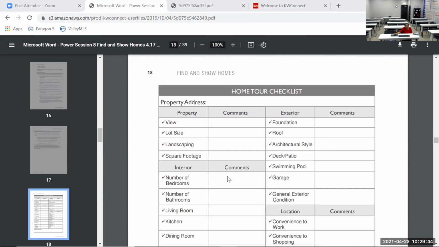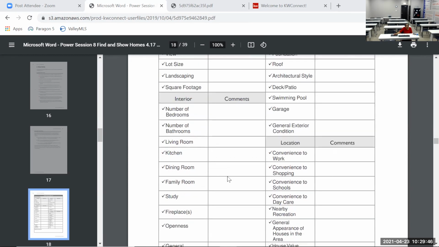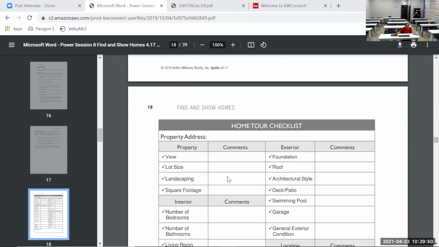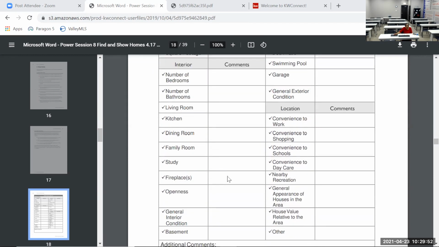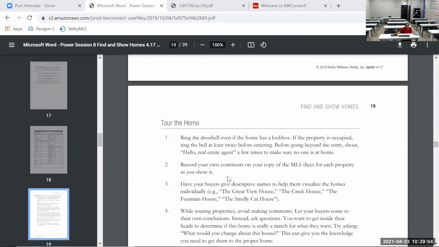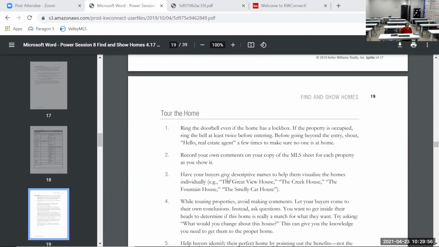You can create your own if this one doesn't look usable to you, but you do want to have some type of checklist or some way for them to keep track of each home and what they liked and didn't like about each home. Because after seeing 3 or 4 homes, when they get home, they're going to be like, was that the house with the garden that I didn't like, or was that the house that needed landscape work? So have a checklist.